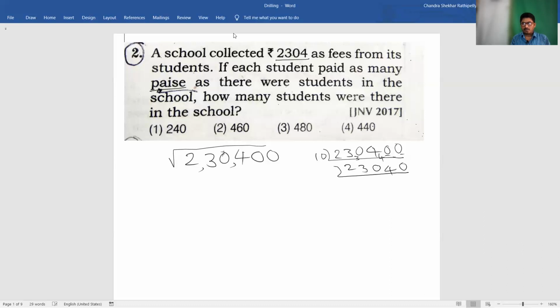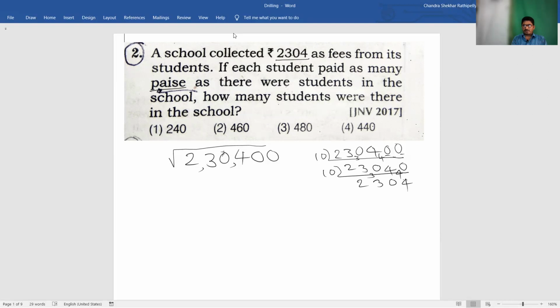Again, 10 table: 10 twos are 20, 10 threes are 30, 10 fours are 40.